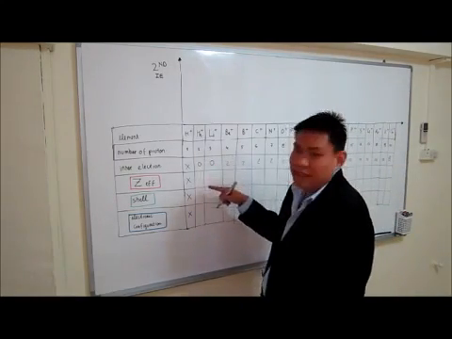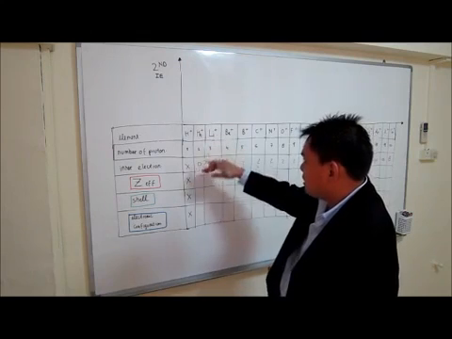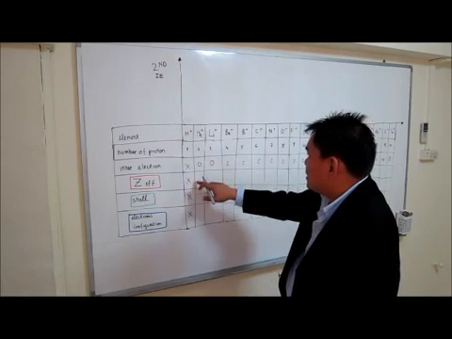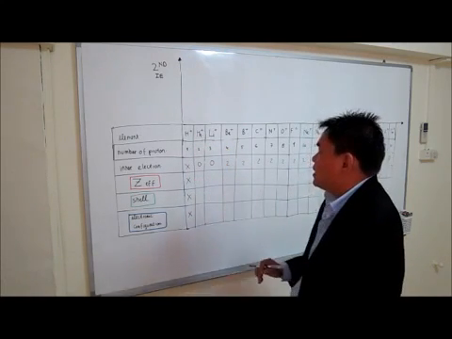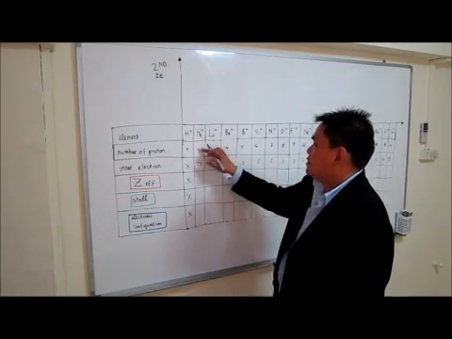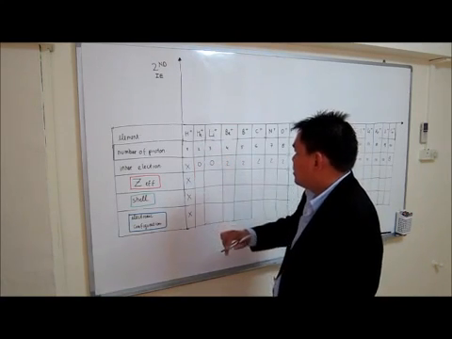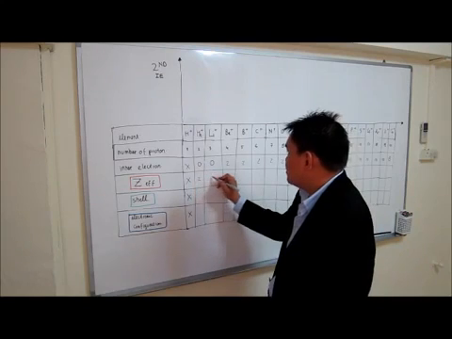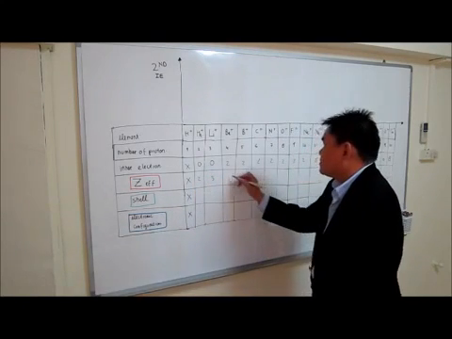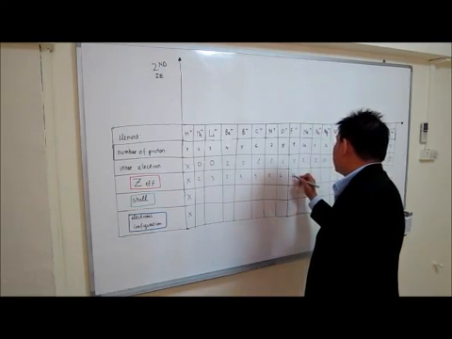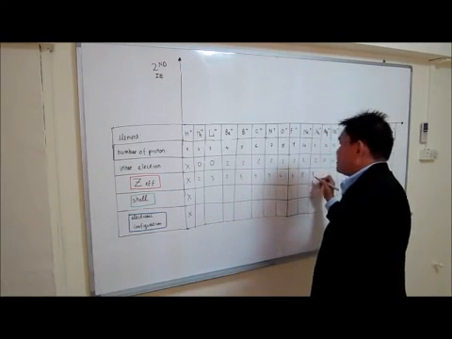Why do we need to fill up this inner electron? It is to help us find the effective nuclear charge for all the elements. To do that is very simple. You just subtract the inner electron from the number of protons, so it's easy for us to do. 2, 3, 4, 5, 6, 7, 8, 9.